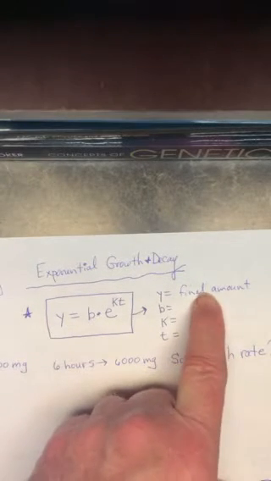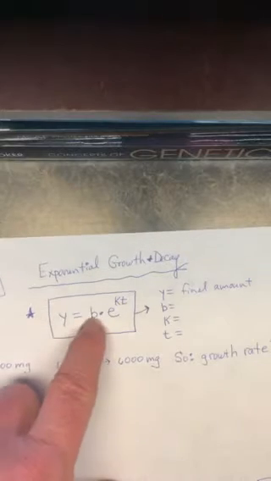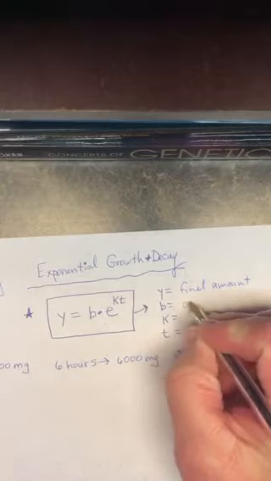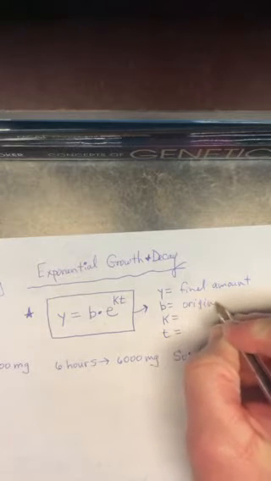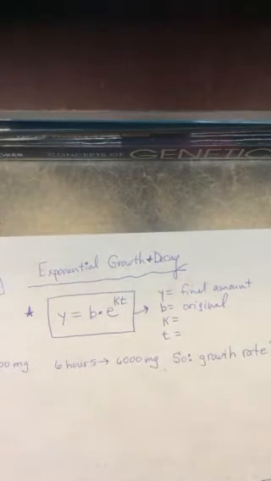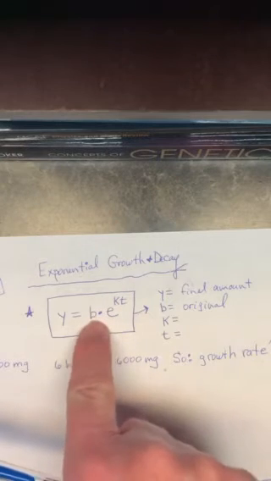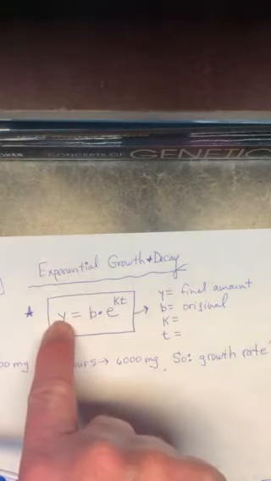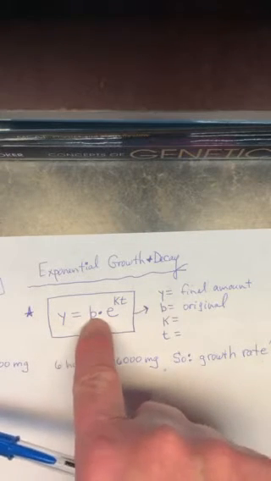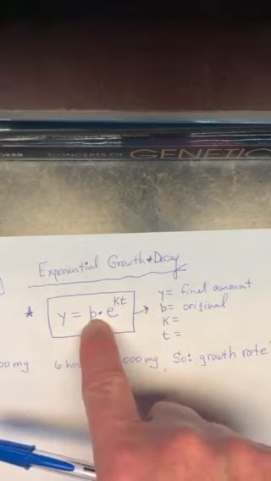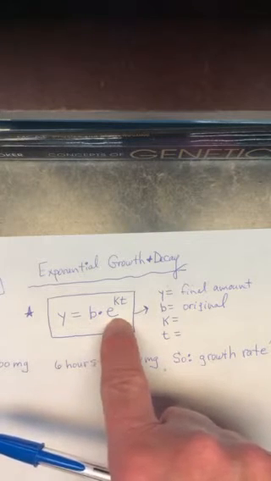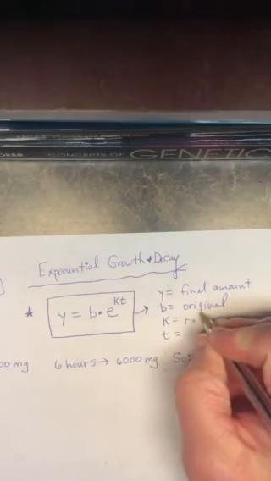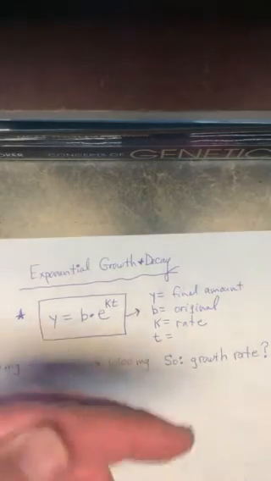of material. And when you look on the other side of the equal, I'm using the letter b because b is the beginning amount, or as they define in our book, the original amount of material. So b is what's there at the beginning. Y is going to be the amount there at the end. Okay, final amount equals beginning amount times, of course, we're familiar with the letter e, raised to the kt power, where k is the rate at which something is growing.